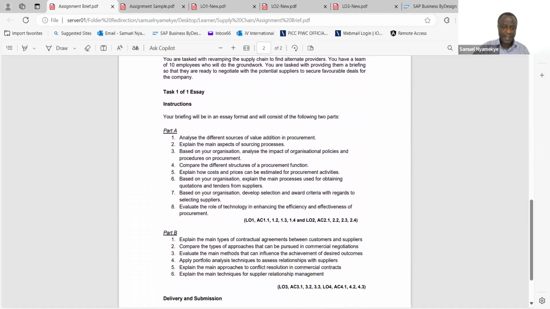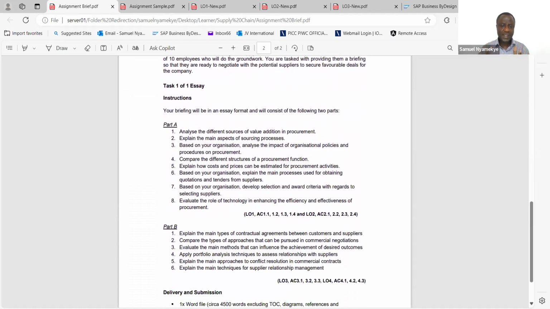These are pretty straightforward. You can see that it follows all the assessment criteria that we were given, and each of them has been explained. So just pick all of them and write in detail for each of them.